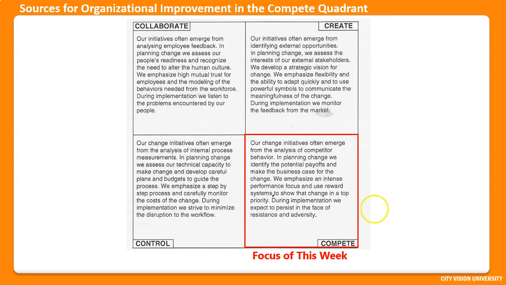Now, where do you get organizational improvement in this quadrant? Ultimately, you might look at how competitors are doing. So if you're in a nonprofit, you might look at, okay, what are the bigger nonprofits? How have they done? And you're going to do a lot of analyzing business cases for change.